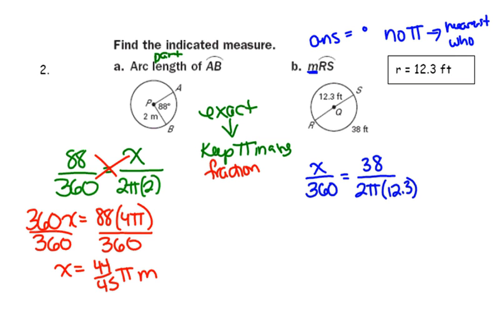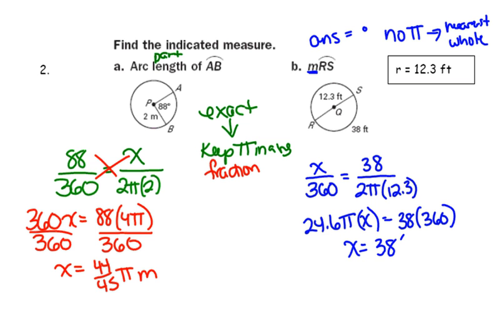Okay, so we go ahead and we cross multiply and we solve, and we get 24.6 times pi times x equals 38 times 360. And so to solve for x, we take 38 times 360 and we divide by 24.6 pi.